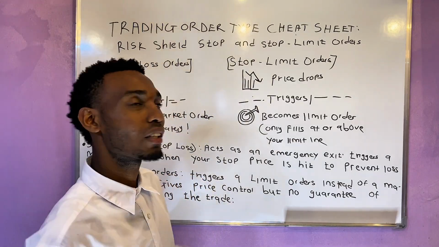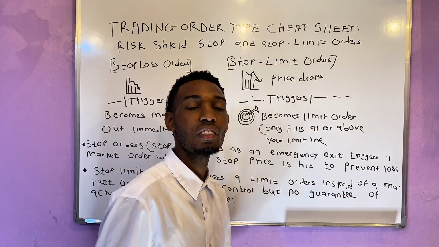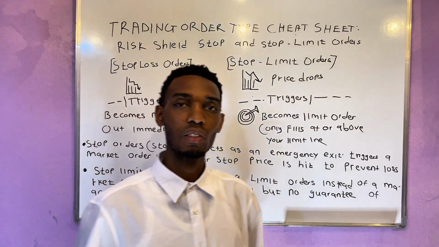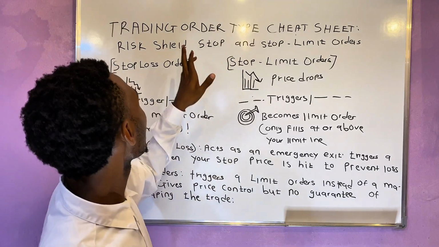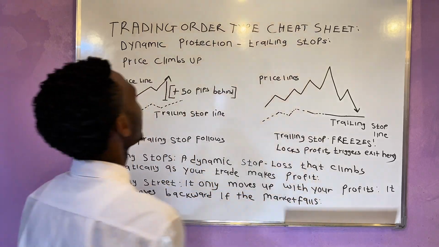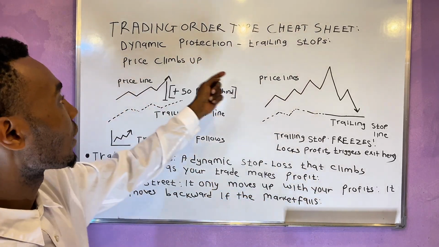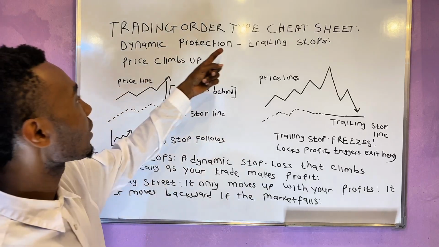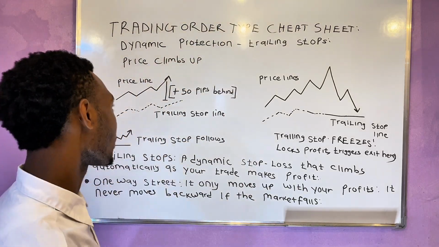Now, let us look at the third chapter of the trading order types cheat sheet. In this part, we're going to look at the dynamic protection: trailing stops.